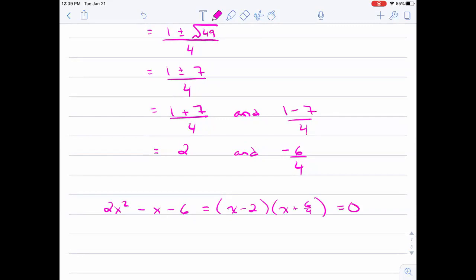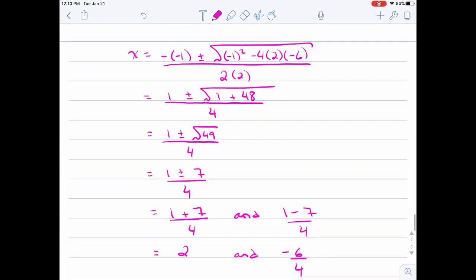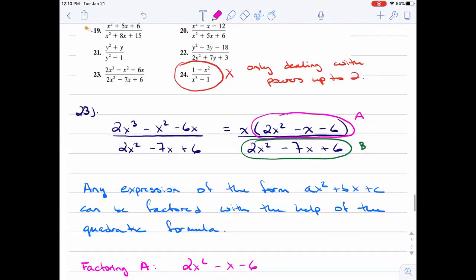They're all going to be 0 at the same time. So up here, I'm going to use x minus 2 times x plus 6 over 4 in place of A up top.